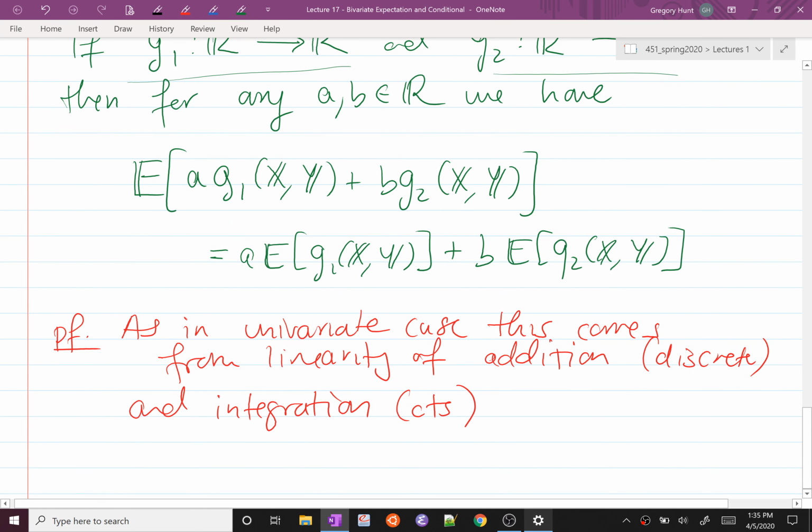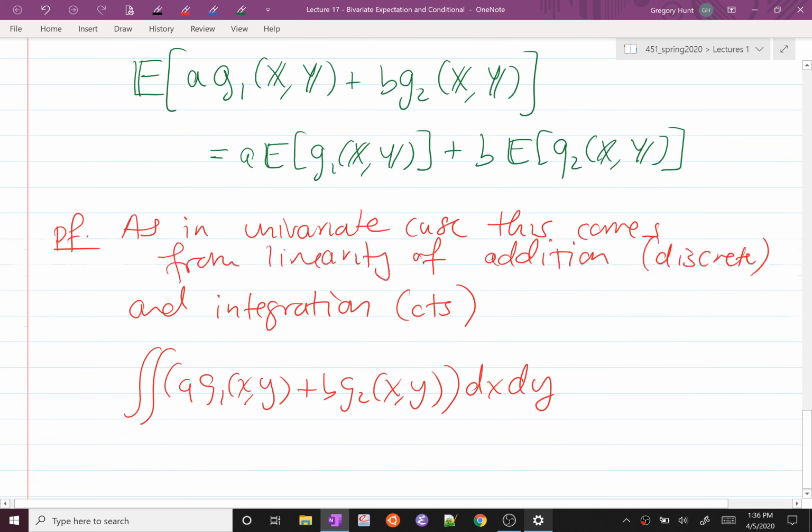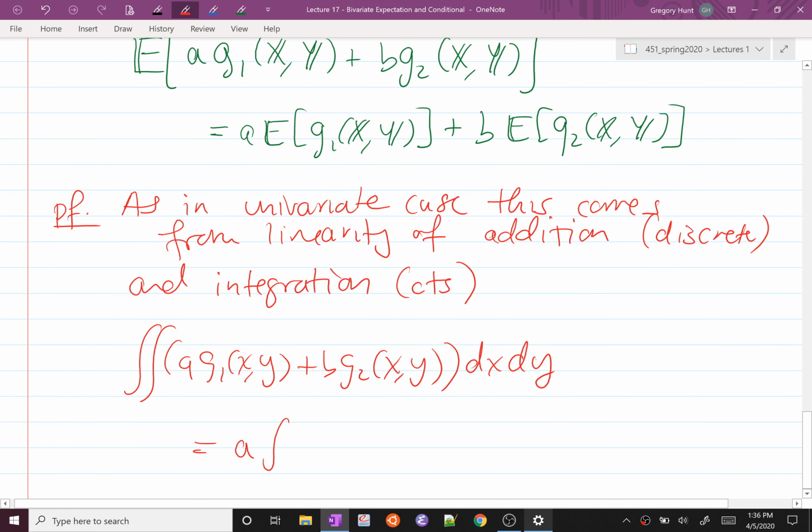Now it's just two integrals, but two integrals behave in the same linear way as one integral, right? So this would be a double integral of a g1 of x, y plus b g2 of x comma y, times f of x, y, dx dy. Oops, I forgot my f of x, y.